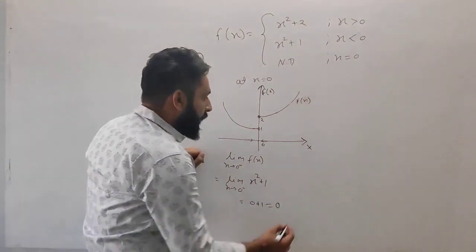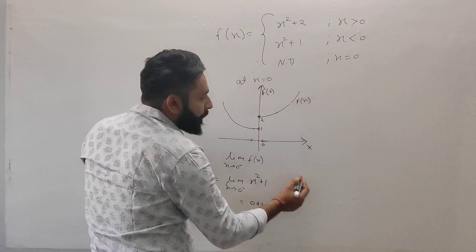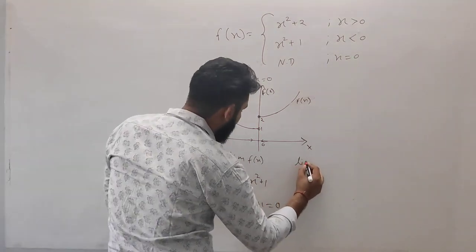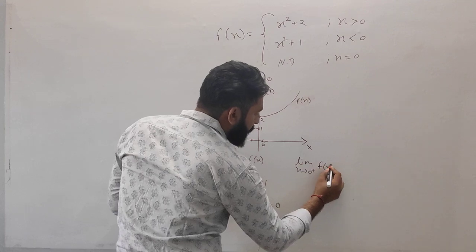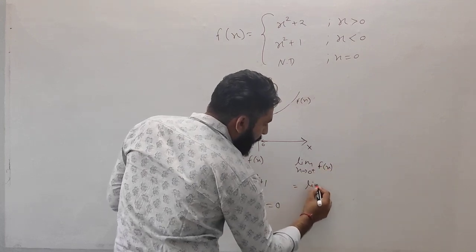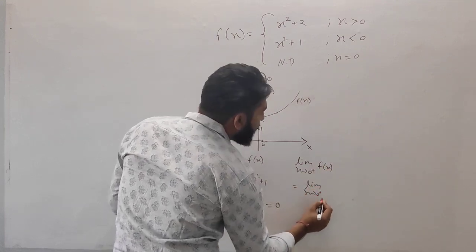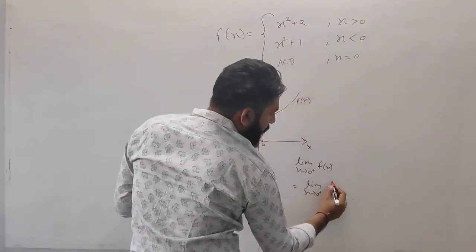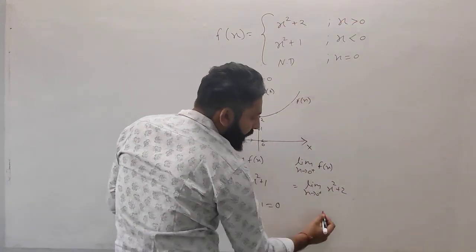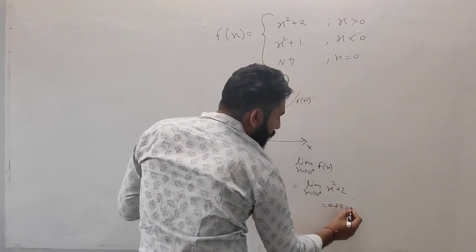Okay, and we also find from the right side, so limit x tends to 0 positive f of x, which function I use, x is greater than 0, then the function we use is x square plus 2, in which case 0 plus 2 is equal to 2.